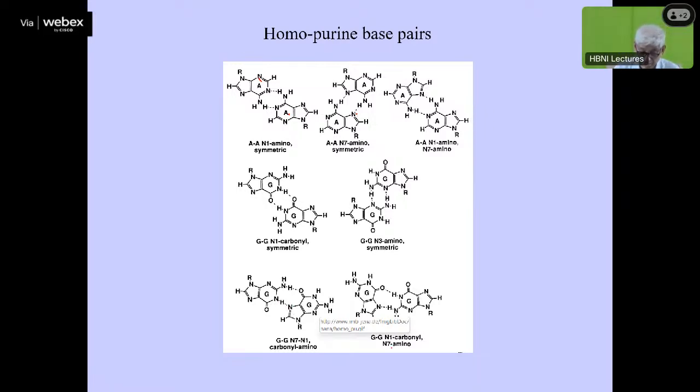GG, N1 carbonyl, N7 amino. So many possibilities exist here. This carbonyl forms with the N1 hydrogen here, and the amino here goes to the N7 of this guanine here.